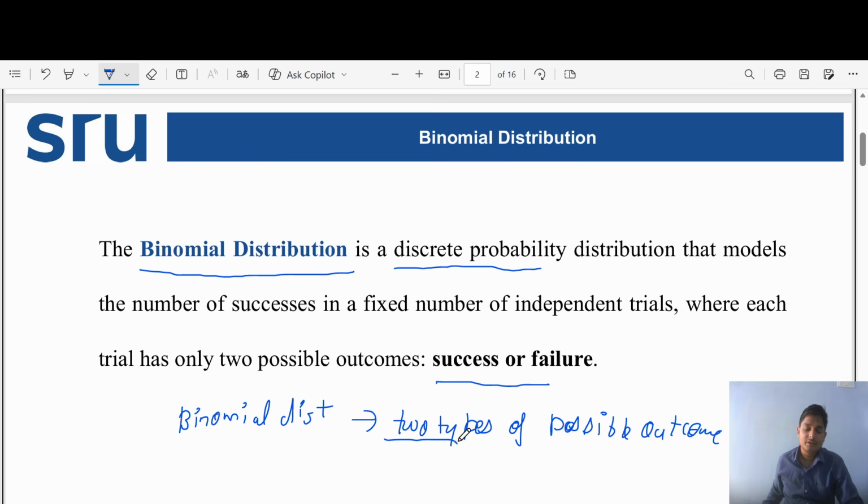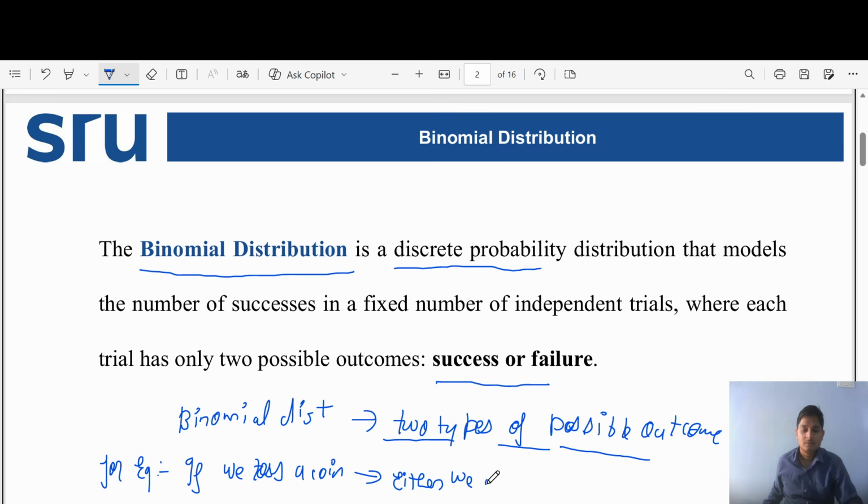In this distribution, we consider only those events which have only two possible outcomes. For example, if we toss a coin, then there are two possibilities.